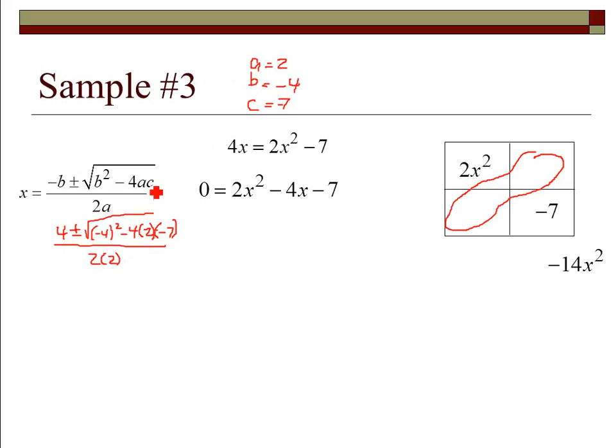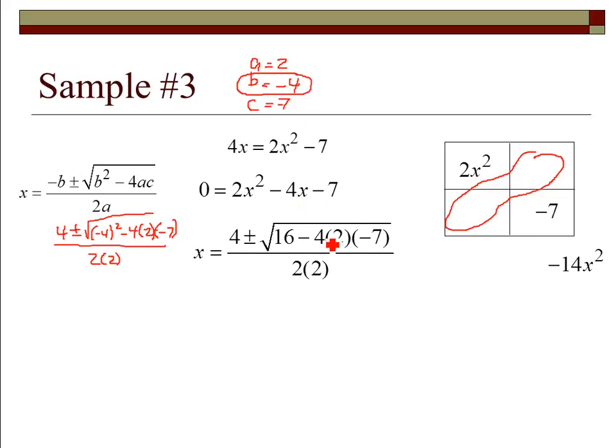So notice when I'm plugging in, I'm replacing it. Now you can speed things up, and this is what I usually like to do whenever I do the quadratic formula. I do my negative b plus or minus, and then I do the squaring of the b term in my head. Negative 4 squared is positive 16. Then I plug in the other pieces. This avoids the issue. Now, if you wrote inside the square root the square root of negative 4 squared, that's incorrect.